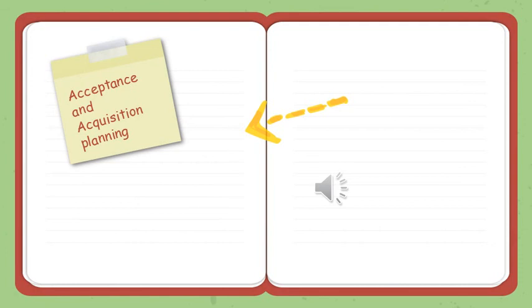This is sometimes called acquisition planning, and since the most widespread method of encouraging the acquisition of a language is to use the education system, it is also known as language in education planning.